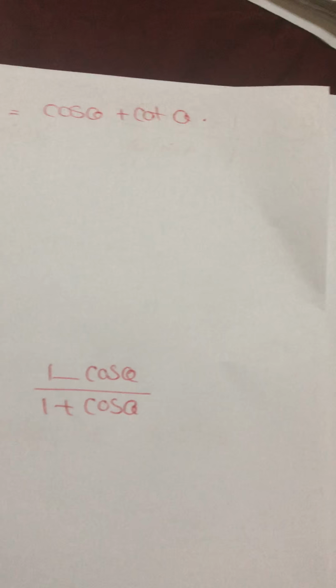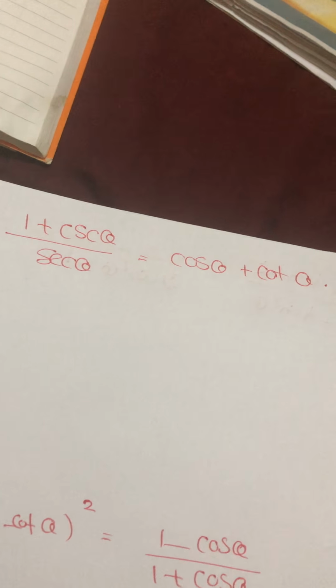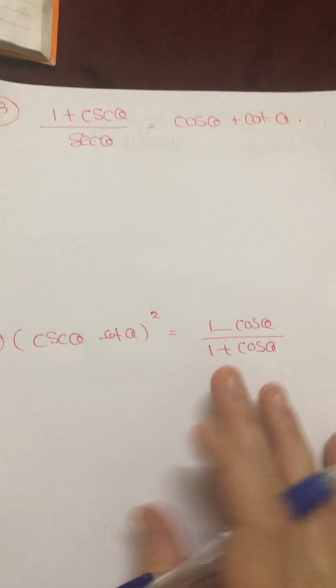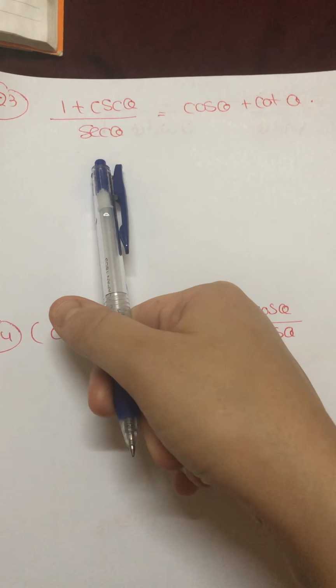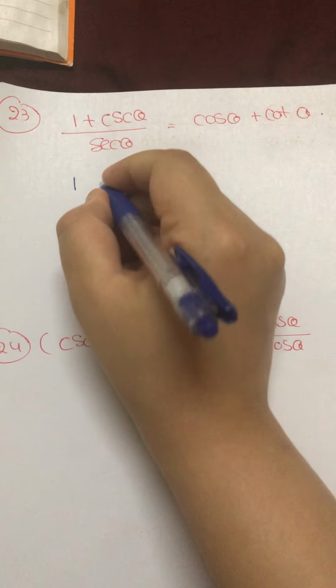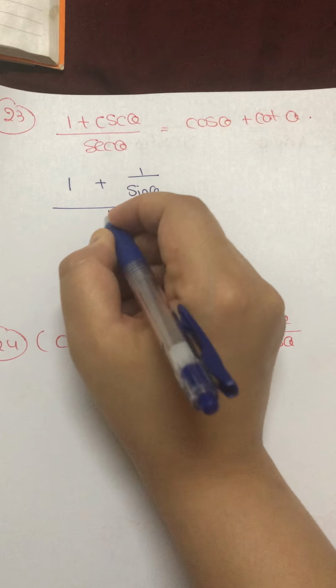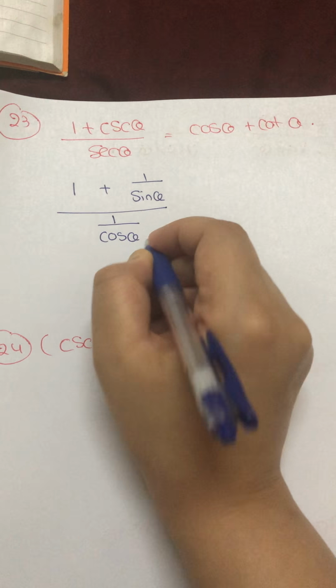Question number, where am I? 20. All right, this is 21. Okay, question number 23 over here. Probably I'm gonna work here on this side. I'm gonna change it to 1 plus 1 over sine theta all over 1 over cosine theta.